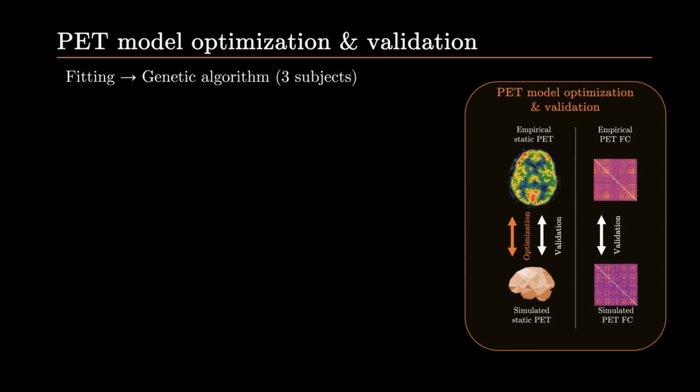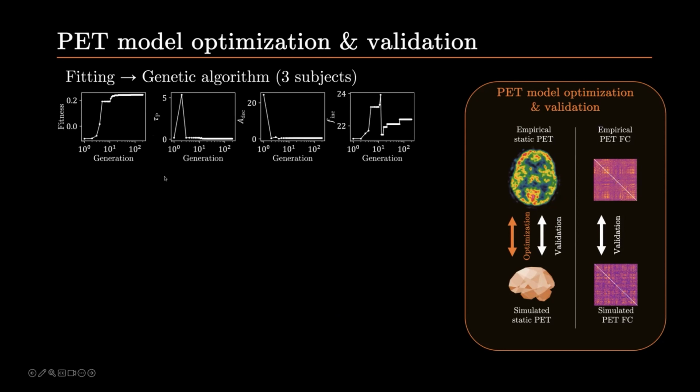So how do we perform this fitting? We used a genetic algorithm, which is an iterative approach to optimize parameters based on evolution theory. Probably you know about it. And we have used this genetic algorithm only on 3 subjects. Why? Because we don't want to overfit our data.